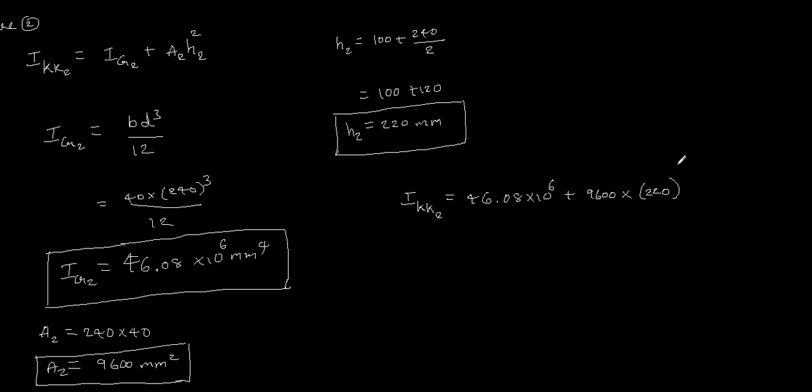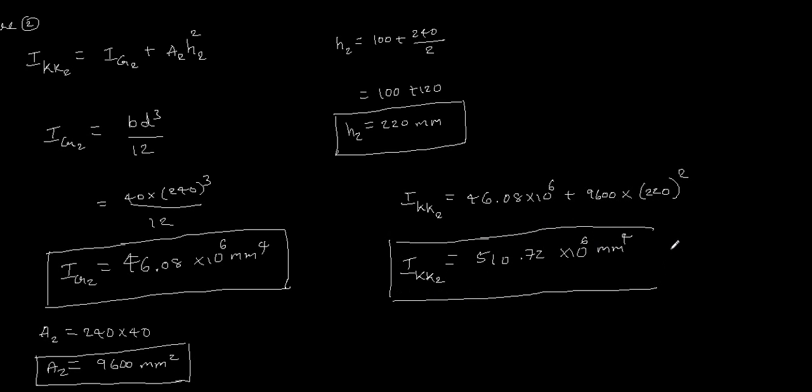Maintain all the values in mm or meters, that is our wish. So here I have taken all the values in mm, so take the square here. So when you apply this, the value will be 510.72 into 10 power 6 mm to the power 4. Okay, this is the moment of inertia of the second rectangle with respect to the kk axis as given in the example problem.